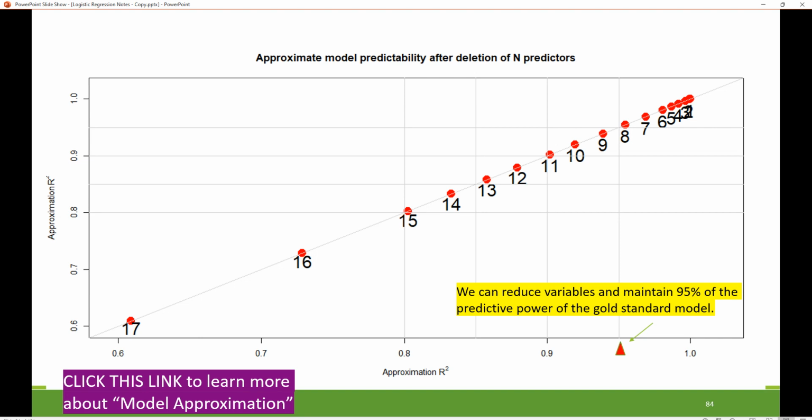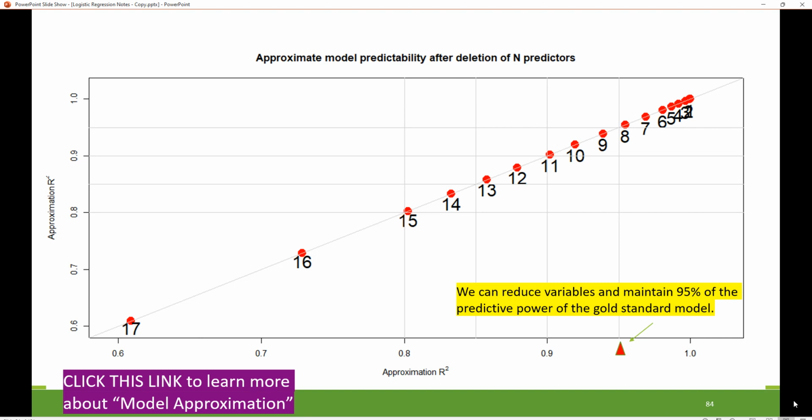So it may be possible to drop many variables and still retain a very high predictive power. So the goal would be to reduce as many predictors but maintain 95% of that gold standard model. And the gold standard model is the original model that we came out with.